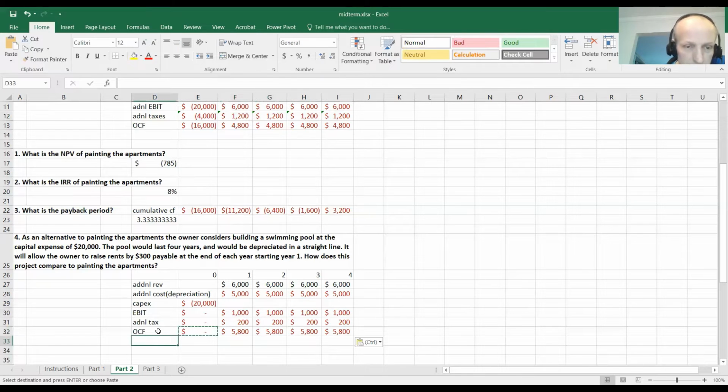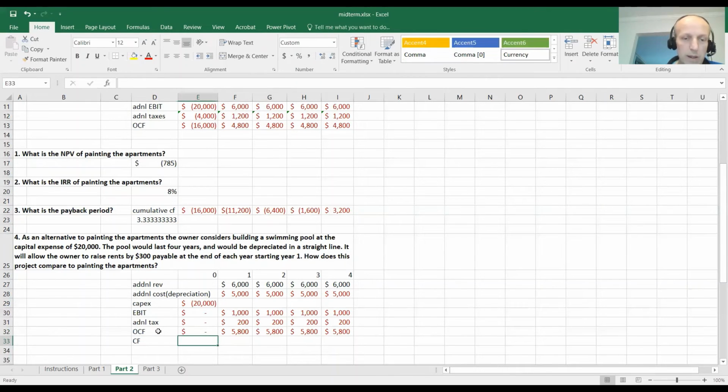Now we have CapEx, so we could calculate the total cash flow, because we have not yet taken that into account, and that's going to be basically the capital expenditure plus the operating cash flow, which is 20,000 in year 0 and 5,800 in the years after that.